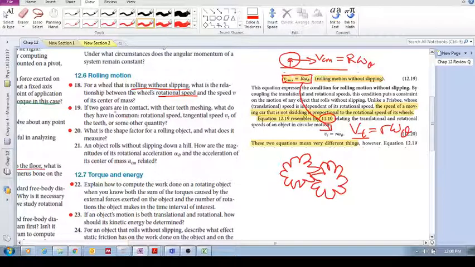What do they have in common? If two gears are in contact with their teeth meshing, what do they have in common? Rotational speed, omega? Tangential speed, Vt? Or some other quantity? Well, what do you think is the answer?